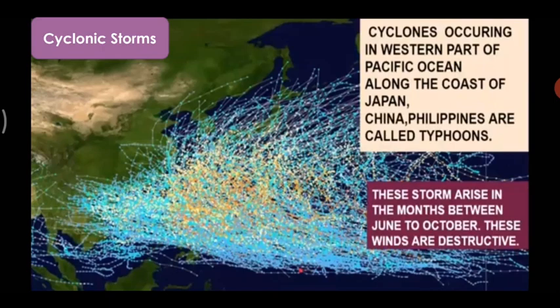These cyclone storms have different names. Now these storms arise in the months between June to October and these winds are very destructive. That's the rainy season.